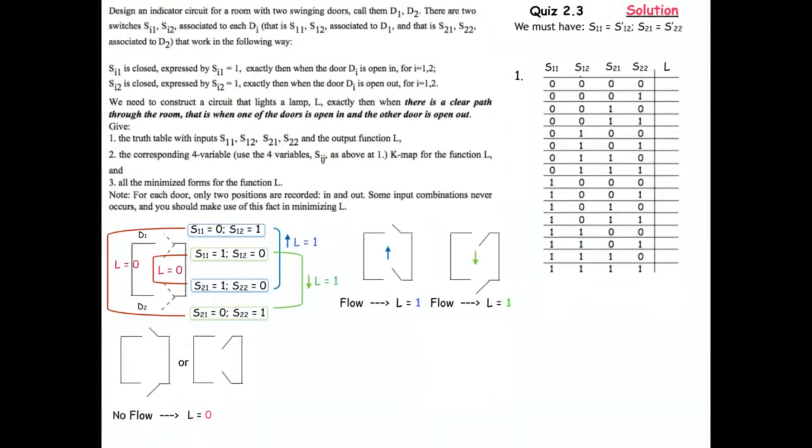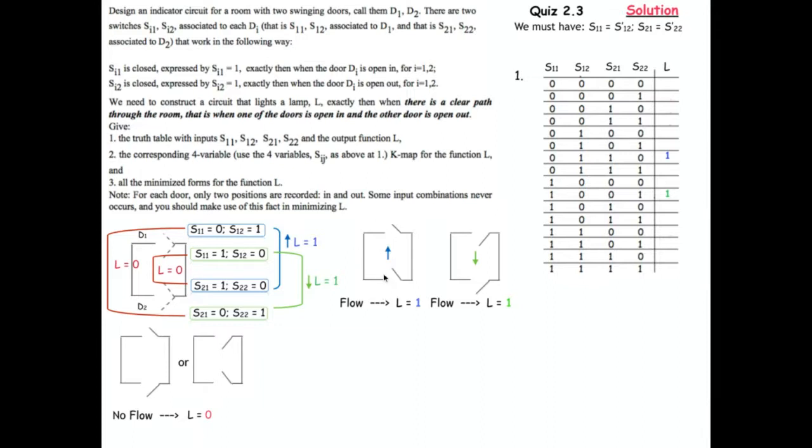So we can just copy these combinations of these 4 values, and we'll get our 1s and our 0s. In this case, the lamp is on.